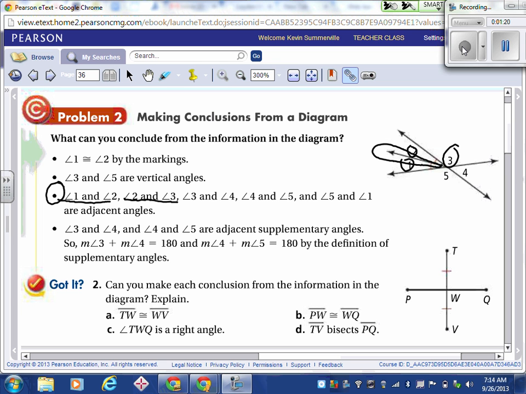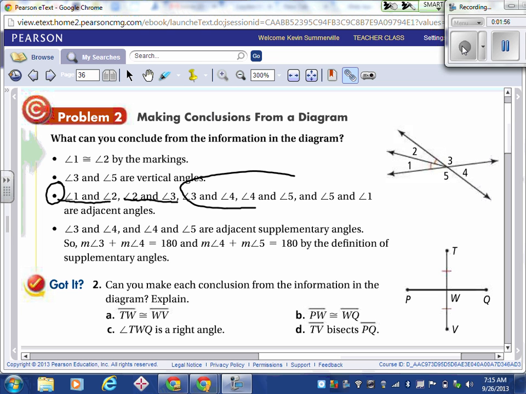Angle 3, which is right here, and angle 2, which is right here, they share that side. So we can say angle 2, which is right there, and angle 3 are adjacent. As you can see, there's a black and a red line sharing a common side.